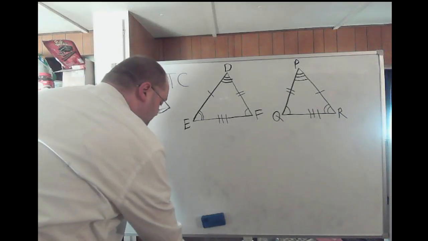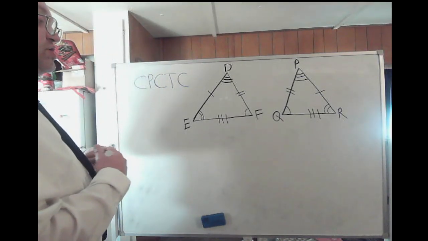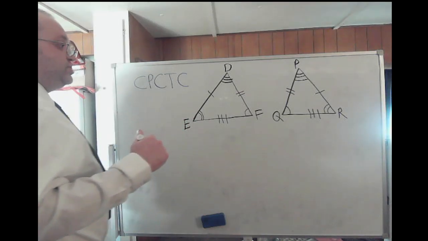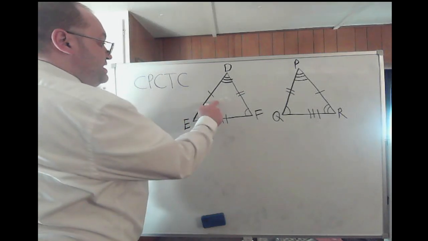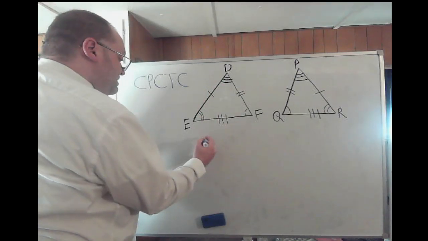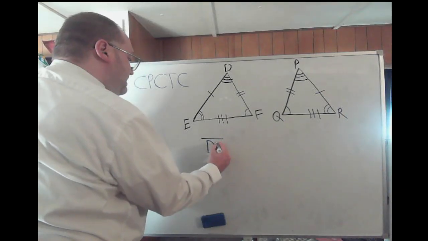So we have 2 congruent triangles here. We need to figure out which sides are congruent to each other and then which angles are congruent to each other. Let's start with the 1 tick mark. We have side DE.